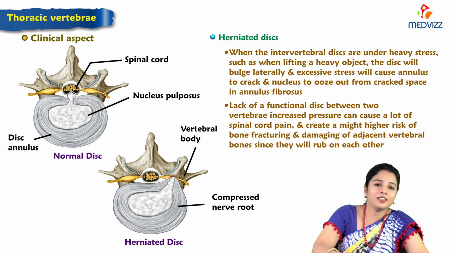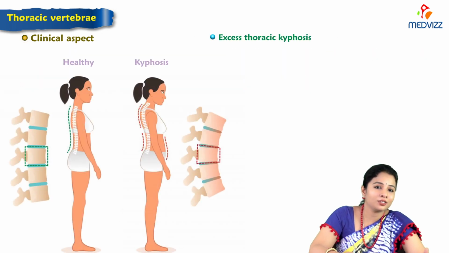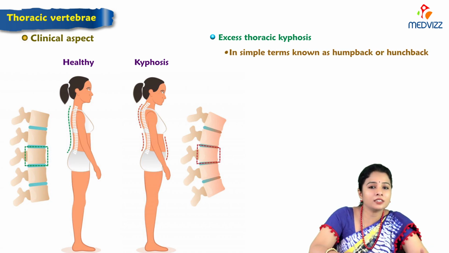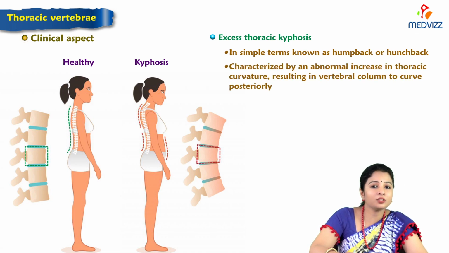The next clinical feature associated with the thoracic vertebra is excessive thoracic kyphosis, in simple terms known as humpback or hunchback. It is characterized by an abnormal increase in thoracic curvature resulting in the vertebral column curving posteriorly.